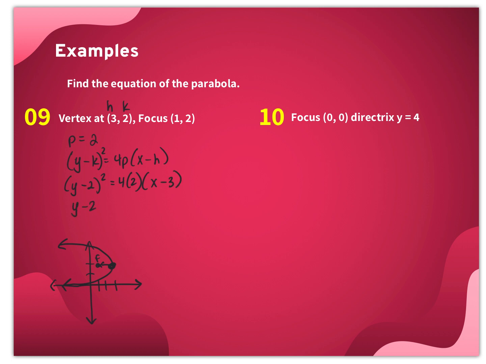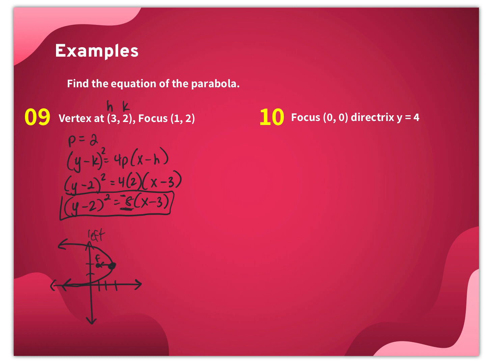So y minus 2 squared equals 8 times x minus 3. Now, because we noticed that the graph opens to the left, we know that this has to be a negative 8 times x minus 3. So remember, you always have to think about which direction it opens. If it opens to the left or if it opens down, this number here is going to have a negative associated with it. And this is how you can leave it. And that's the equation of that parabola.